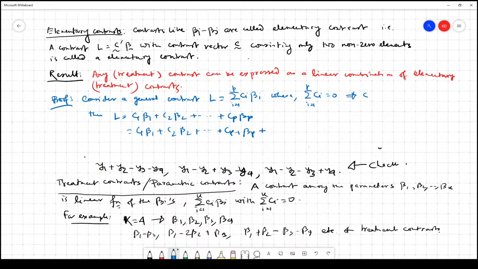Since this condition holds, cp is equal to minus the sum of ci from 1 to p minus 1.